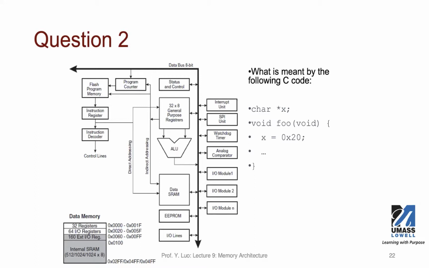And because in this processor, if you look at this data memory map, the addresses are all 16-bit, the possible value of x is actually 16-bit. That is to say, if we want x to be an address, which we say that here, x is an address, then x itself should be 16-bit.